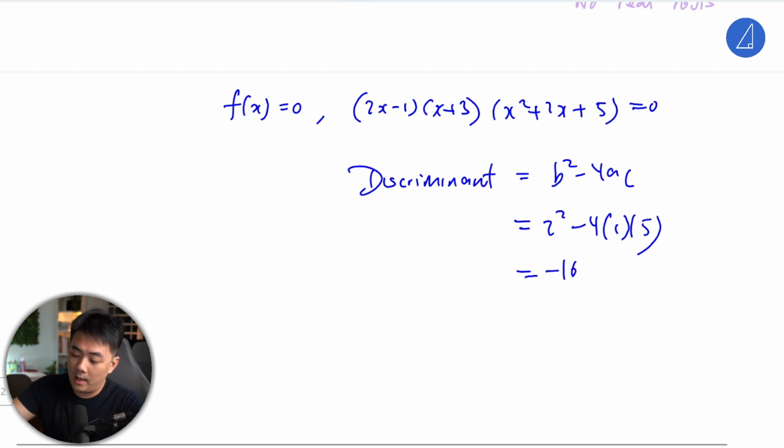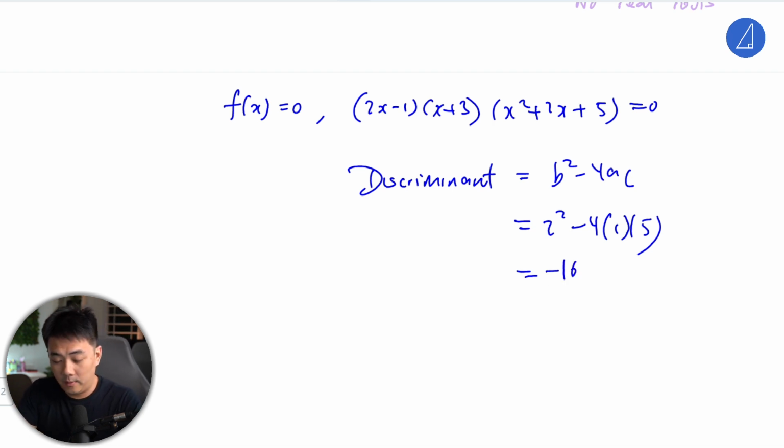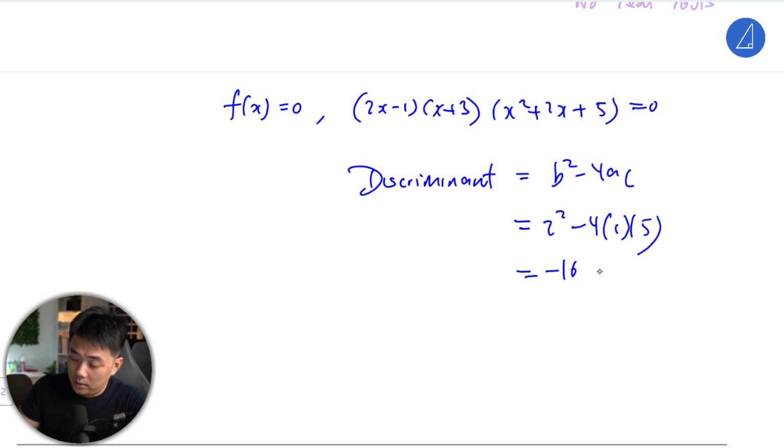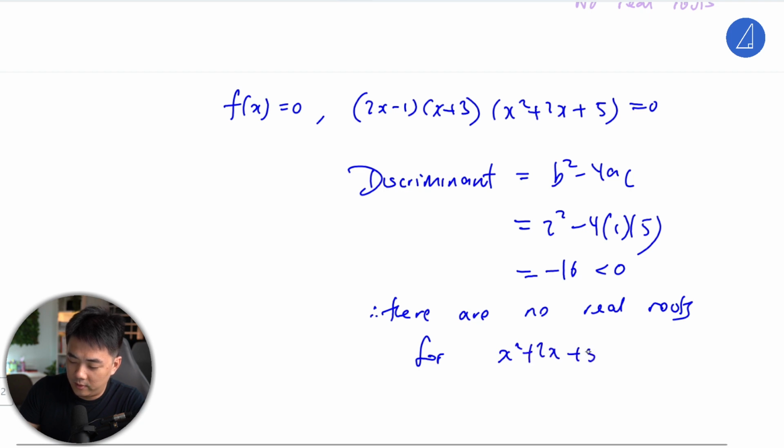Yep, so less than 0. So hence there are no real roots for x squared plus 2x plus 5 equals 0.